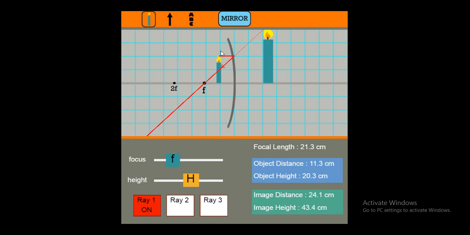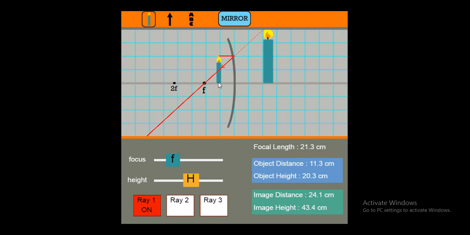We consider the rays traveling from the bottom of the object and also the top of the object. The ray starting from the bottom of the object travels along the principal axis, is incident on the mirror, then after the reflection travels back along the same path.